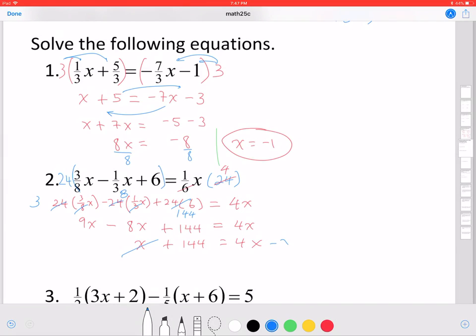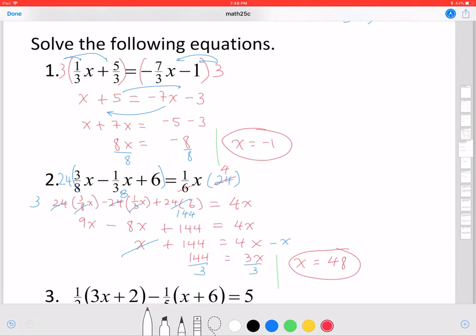Get rid of the x here. We have 144 is equal to 3x. So divide by 3. If you divide 144 by 3, we should end up with x is equal to 48.